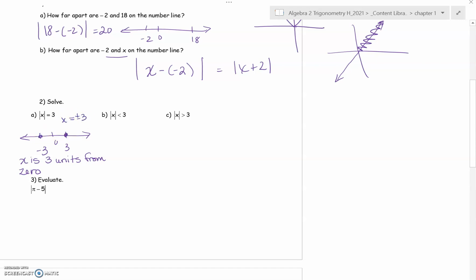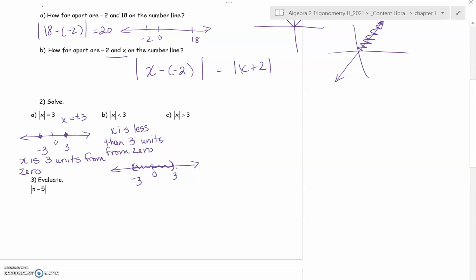Okay, so let's think about what it means if you have the absolute value of x is less than 3. Let's think about what that means visually. This is saying x is less than 3 units from 0 on the number line. So you would say all of these values, right? x is less than 3 units from 0 on the number line.